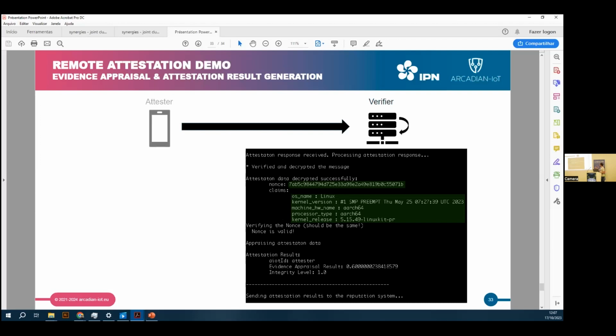Finally, it creates the attestation result, which right now is the evidence appraisal result, which is a proportion of the valid claims according to the policies, and a utility level, which for now is just a placeholder for future work. And finally, it sends the results back to the reputation system to influence the trust on the device or service. And that's all. Thank you.